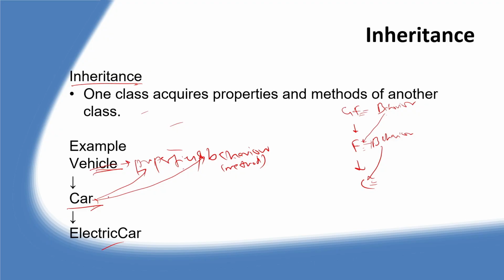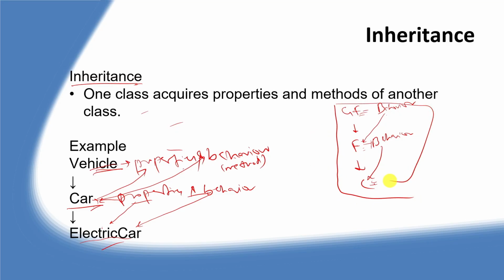Now, car will have some properties and behavior of its own. Electric car will inherit the properties and behaviors of the car class. If you have this analogy in your mind, you will understand the inheritance concept very easily.